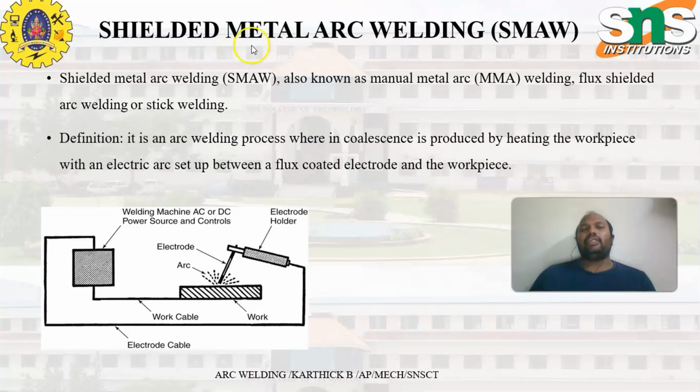Shielded metal is the other name used because the electrode is shielded by the flux coating. The electric current is used to provide the arc as the source of heat.